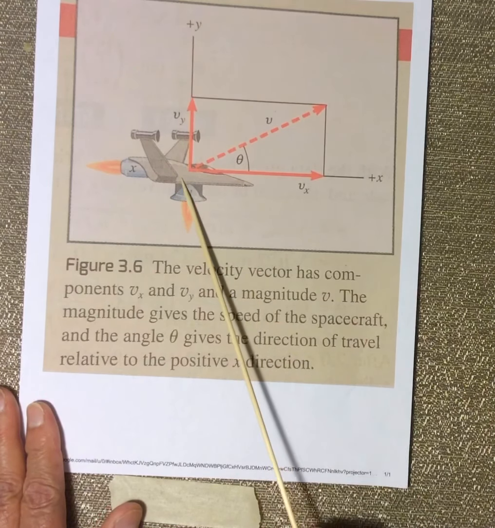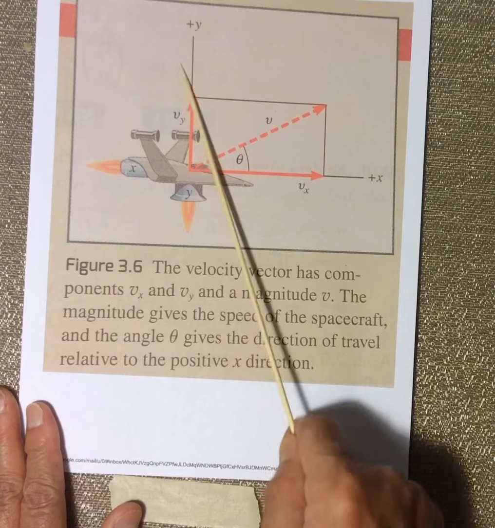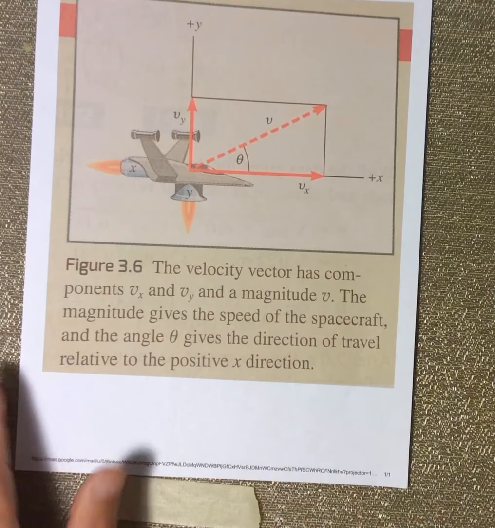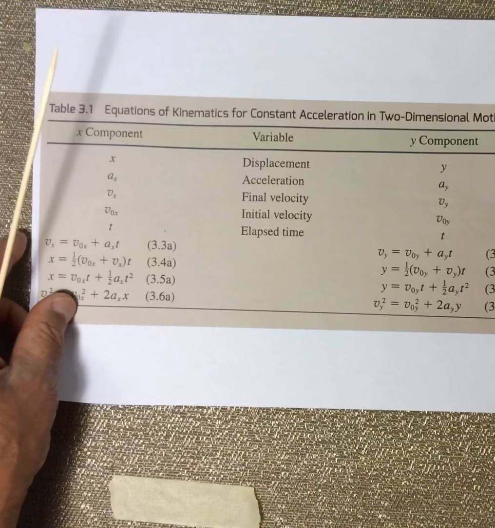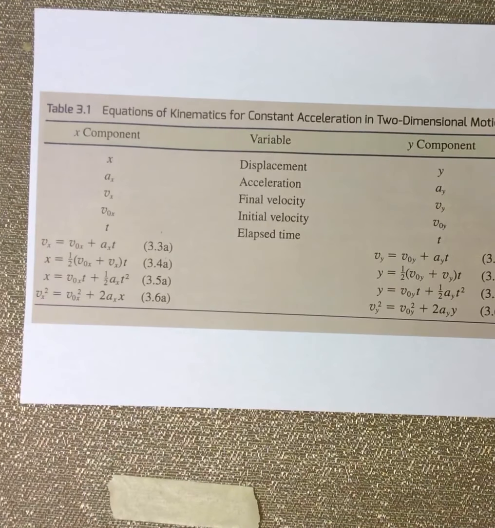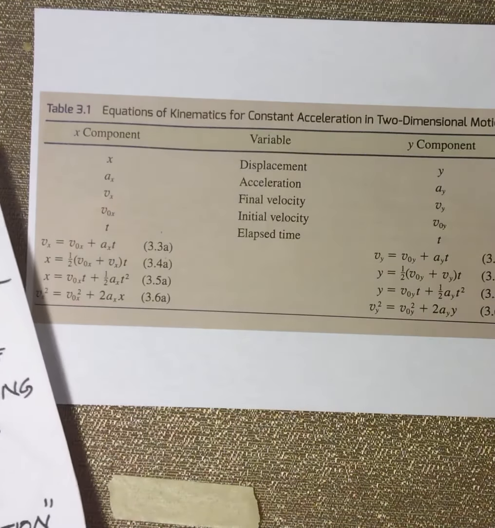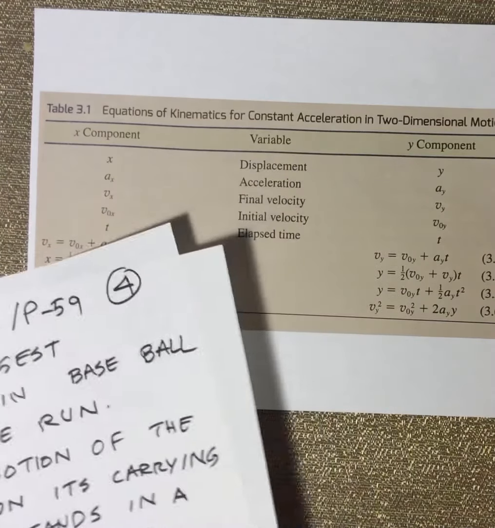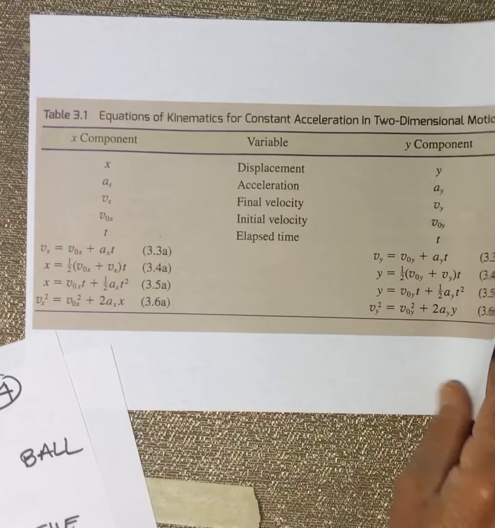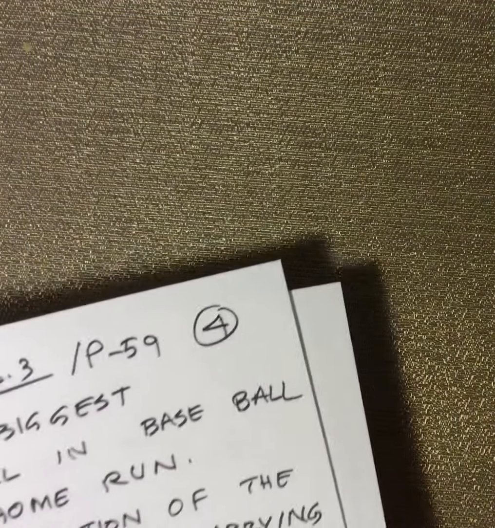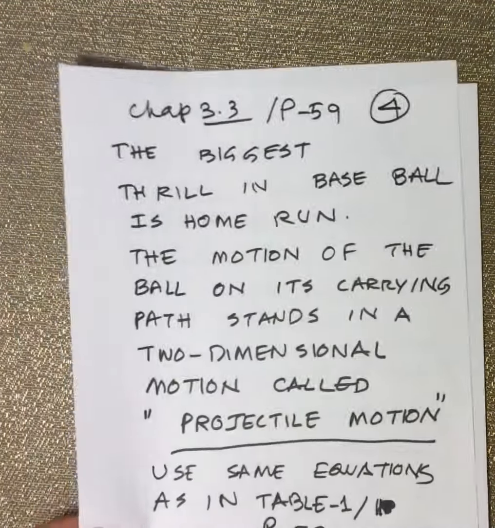It's showing you two components of the velocity, y component and x component. Before we go to the final equation, this is the last section we have.